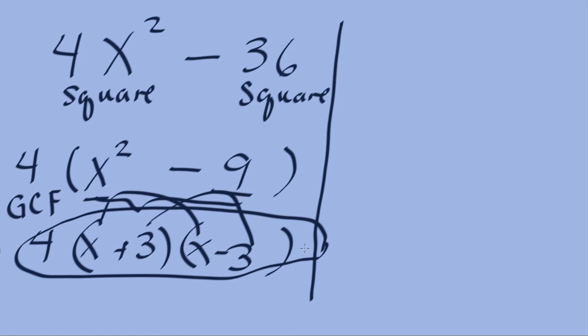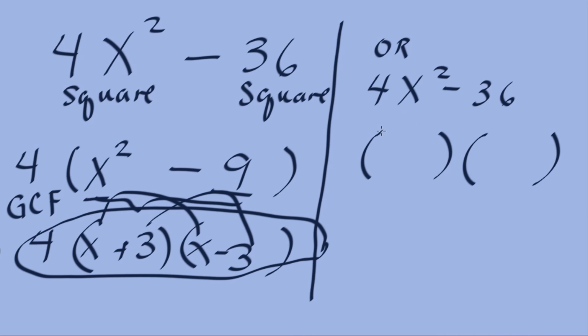Okay, now let's say you skip that factoring by GCF. Say I'm so excited, I recognize this to be a difference of squares, so I went ahead and factored it. Say 4x squared will be what? 2x and 2x.